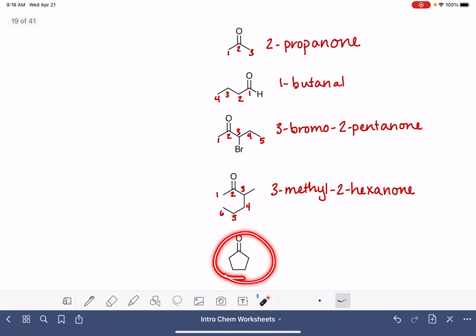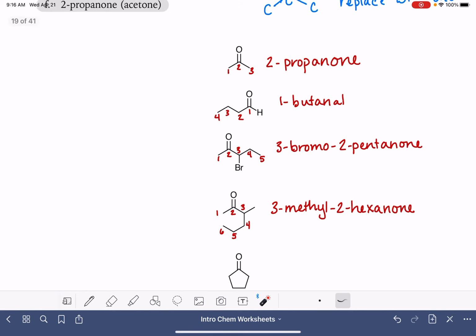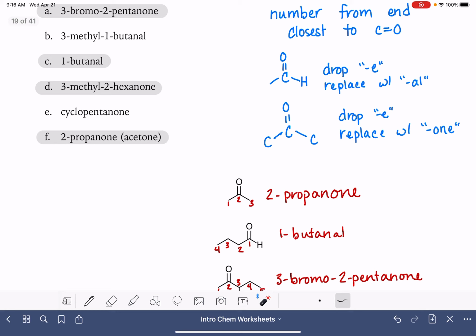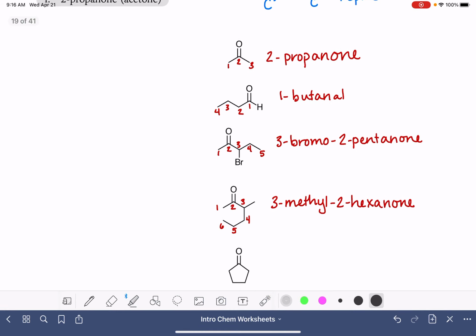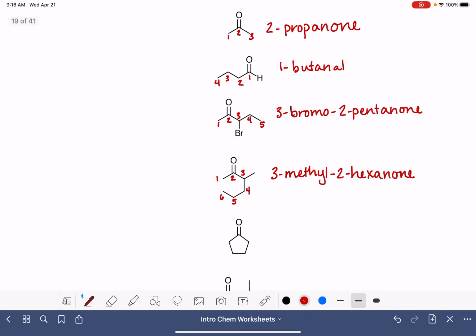The next one here is our cyclic ketone. That is cyclopentanone. And let's take a look at where that name comes from. Remember, when we have a cyclic, we get to choose which is carbon number 1.